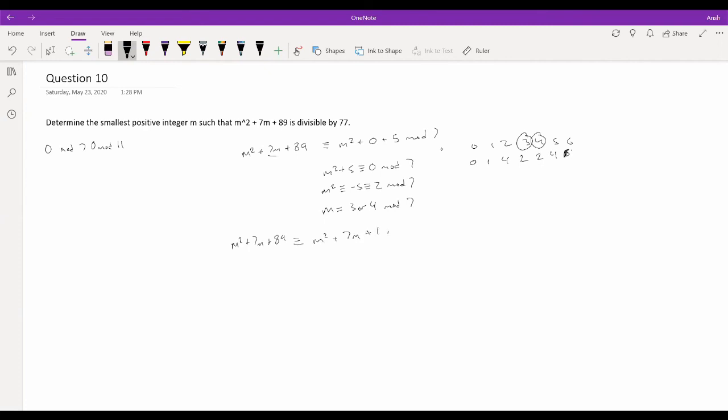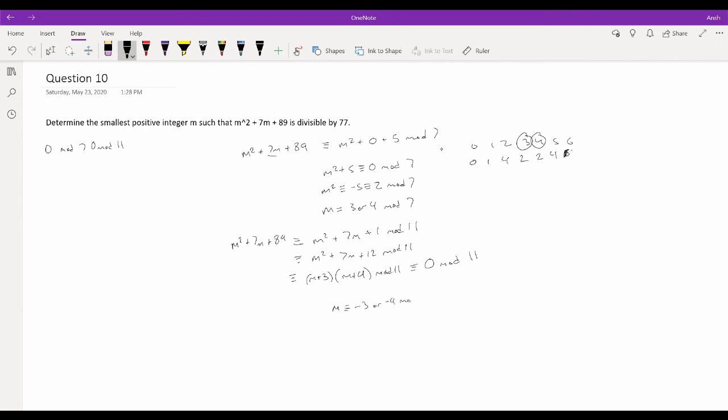But if you notice, if we leave it as a plus 12 instead, this is actually much more easy to factor because you can have it as m plus 3 times m plus 4. So this gives us our two solutions in mod 11, which are -3 and -4.